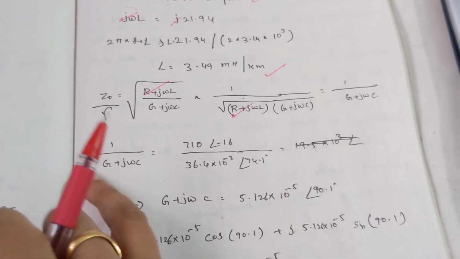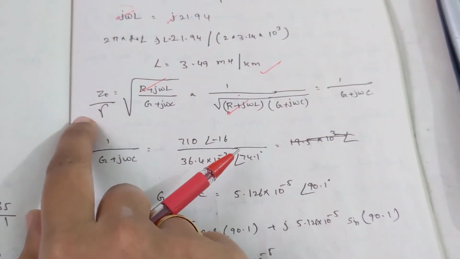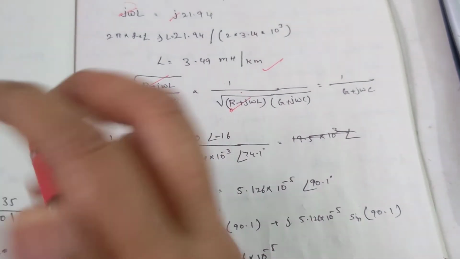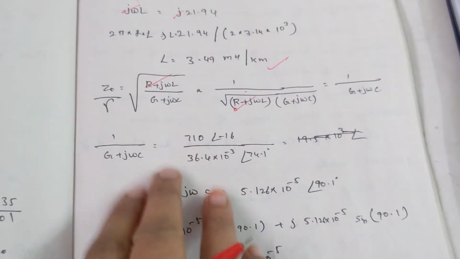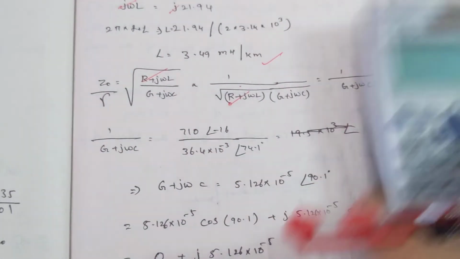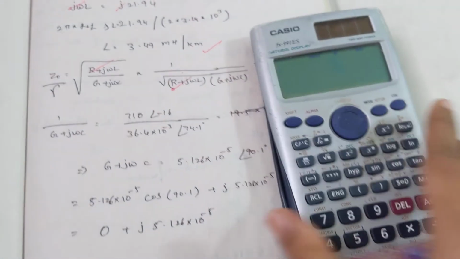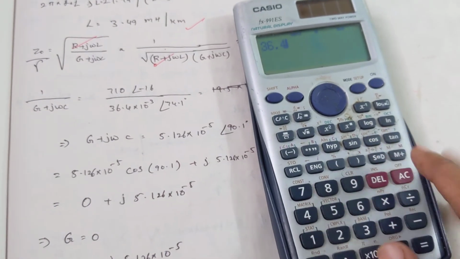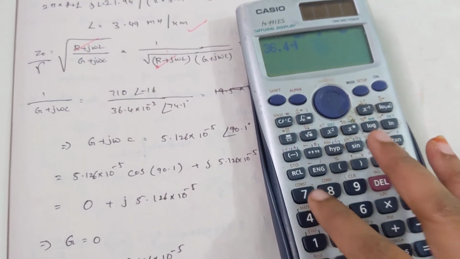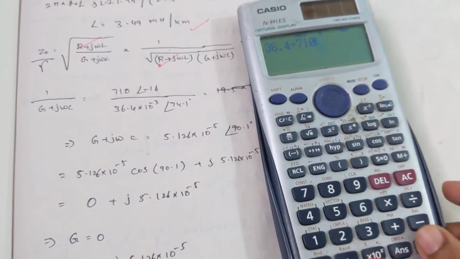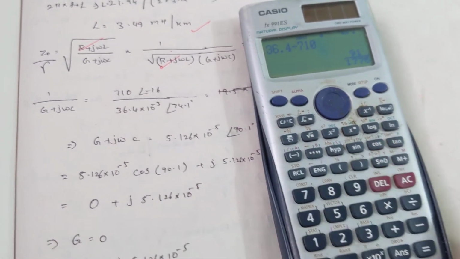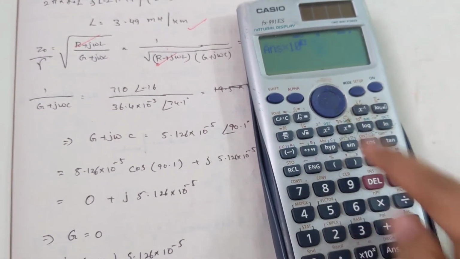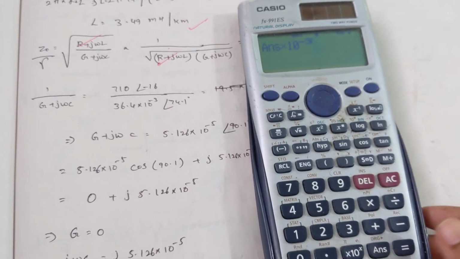Instead of that, I know Z0 divided by gamma, so if I take the reciprocal, don't worry, we are doing the same thing. 36.4 divided by 710 multiplied with 10 power minus 3.